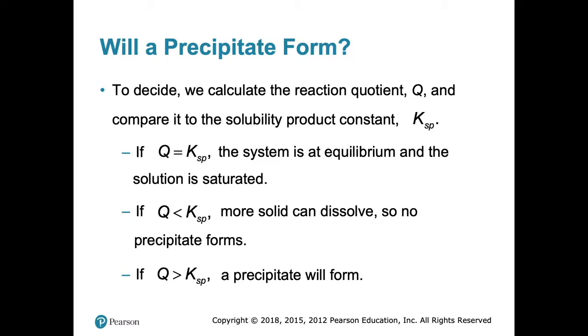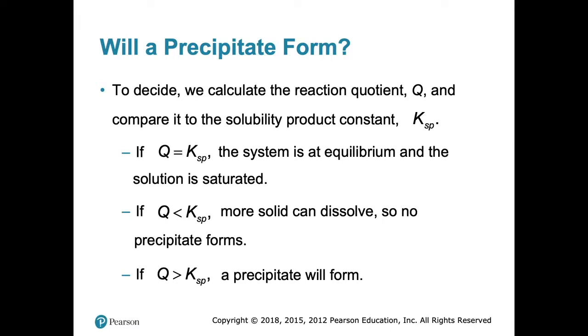Q has the same formula as the equilibrium constant Keq. But remember that the Keq expression uses the concentrations of every component at equilibrium, whereas Q can be at any point in time. It doesn't have to be at equilibrium.